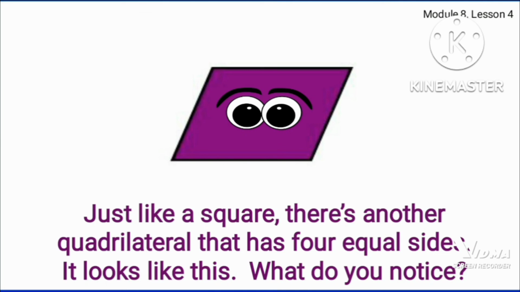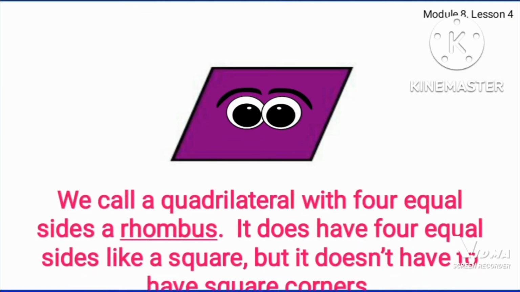When drawing it, the lines did not start exactly vertical, standing upright, as you see in the picture. Now, this is called a rhombus. It does have 4 equal sides like a square, but it does not have square corners. The corners are not square.